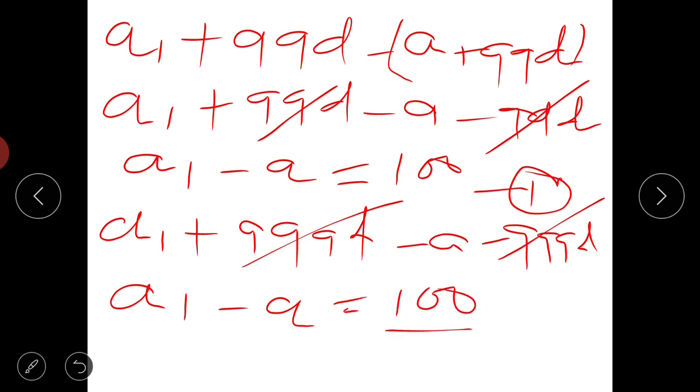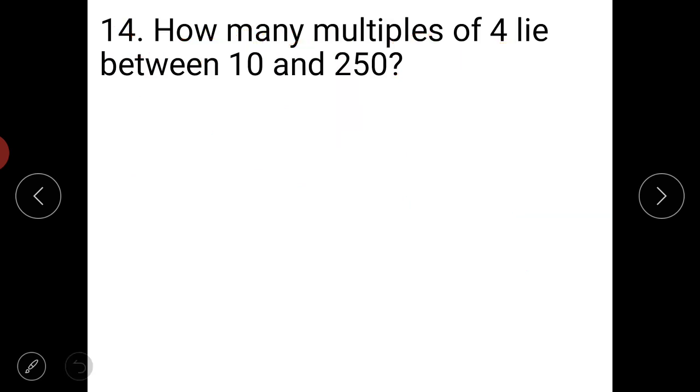So we can say that the difference between the 1000th terms of these two APs is equal to 100. If it is asked about the second term difference, then also it is equal to 100. If it is asking about the 85th term, then it will also be 100. So let us move to the next question.